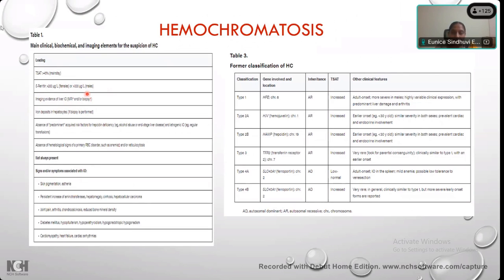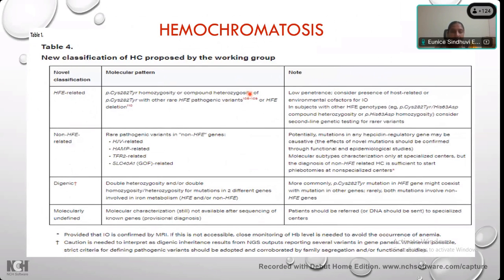Initially, hemochromatosis was classified as type 1, type 2A, 2B and so on, based on the 5 main genes which are involved in iron homeostasis. Recently, the working group on hemochromatosis has reclassified hemochromatosis into 4 different groups. So it is HFE related. If you have a mutation in the HFE gene, then it is HFE related hemochromatosis.